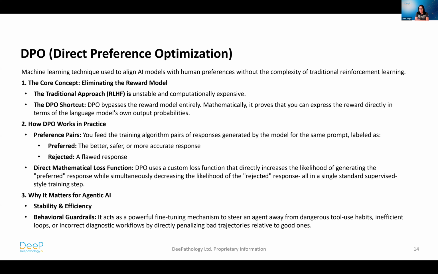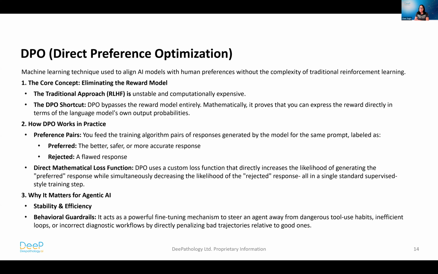Then the DPO mechanism is training to create a loss function that would prefer the better response, the preferred response, rather than the rejected response. So we are giving two options, and we want to compare which is the preferred option.